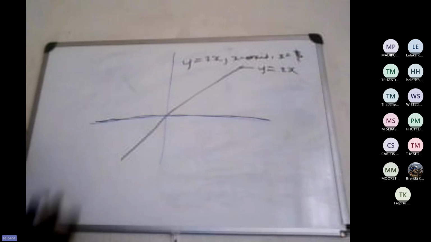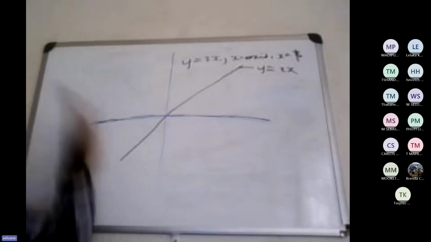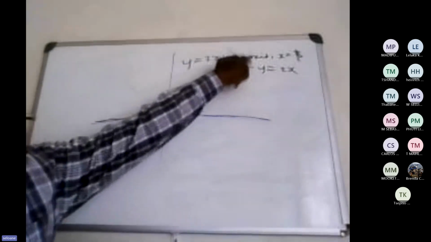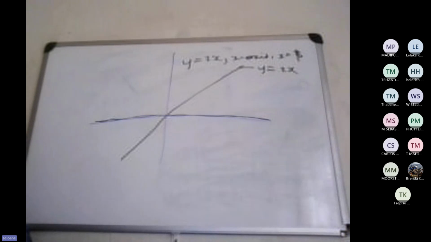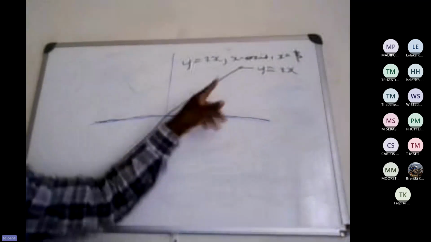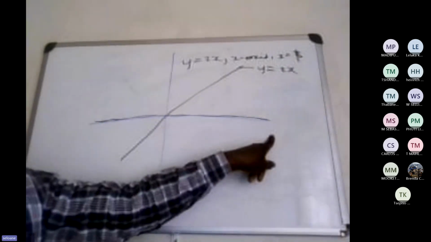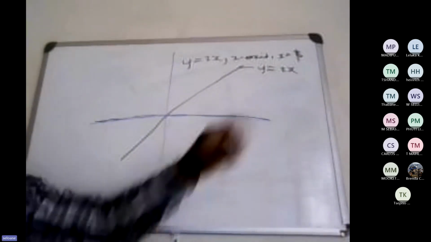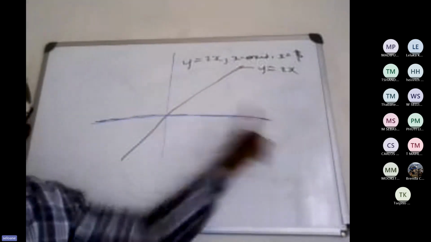So up to now, what will be the region that they're talking about here? Just this line and this line. The region whose one fence is this line, another fence is this line. For now, it must be enclosed between this line and this line.